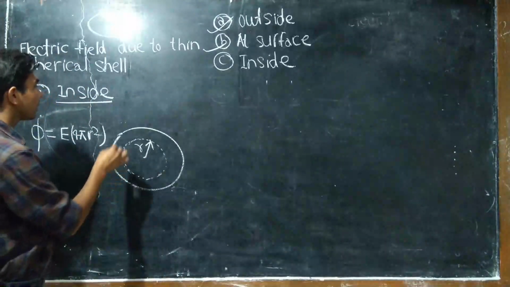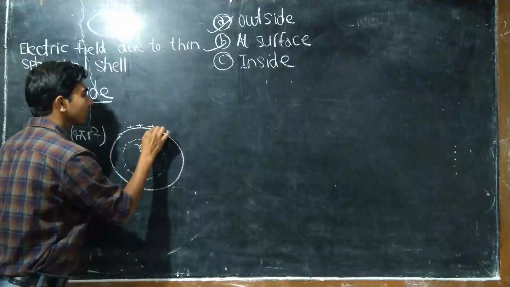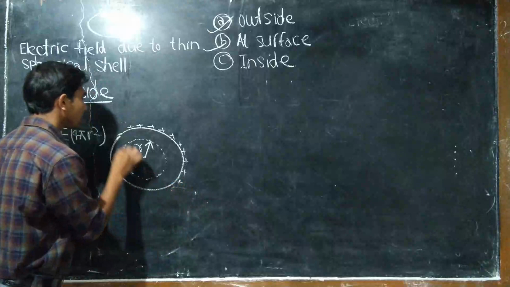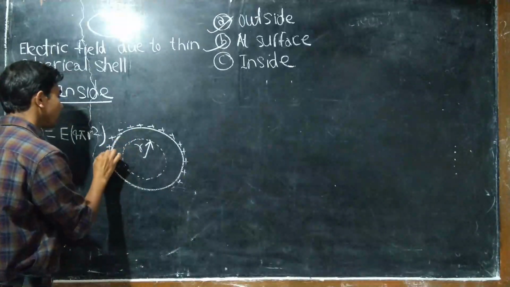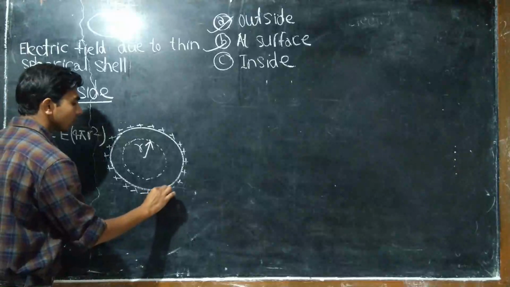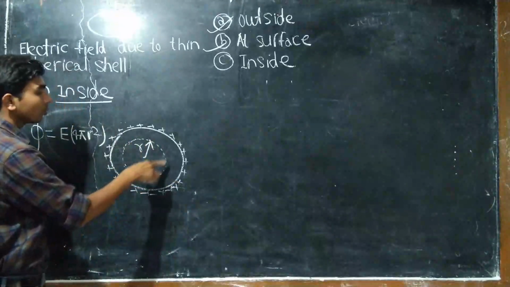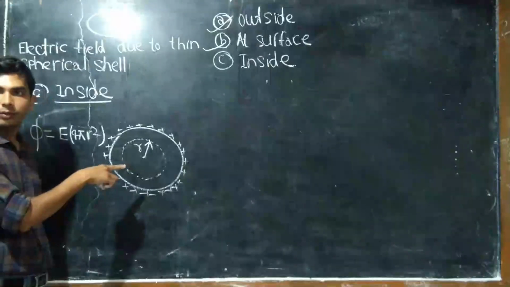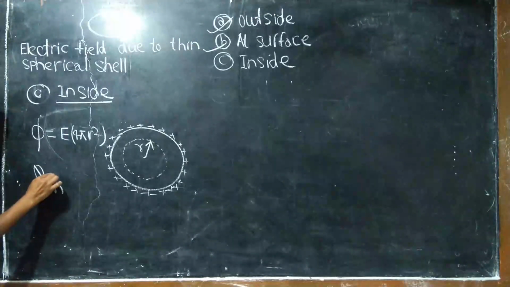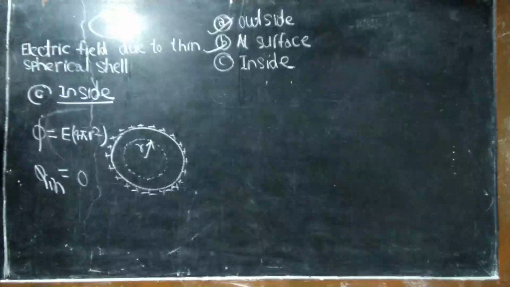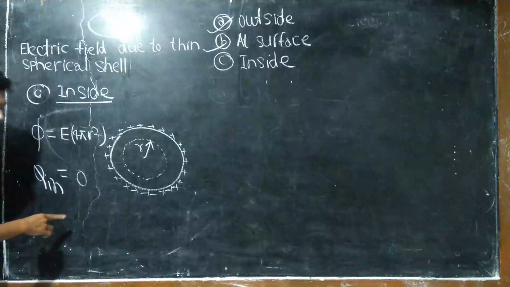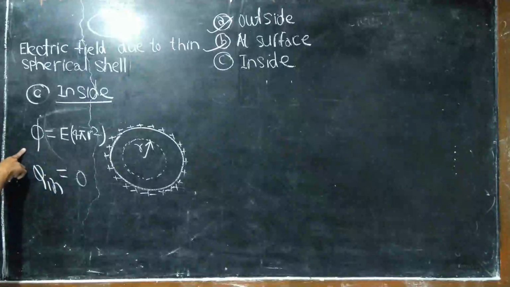There is no charge inside the surface because all the charge is on the surface of the spherical cell. So for this one, Q in is 0.